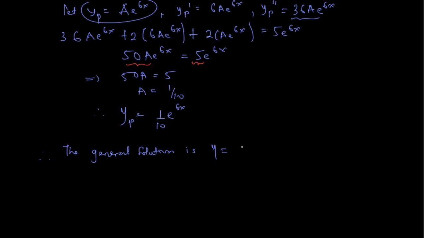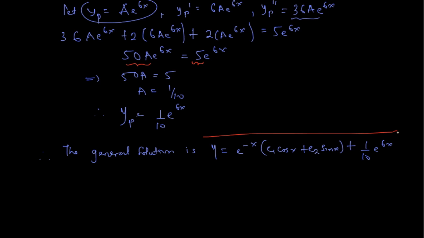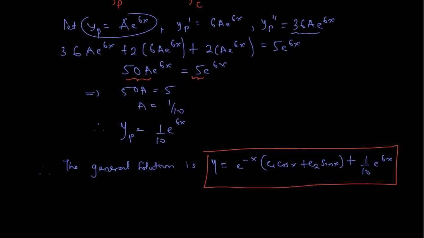The yc I got was e to the power minus x into c1 cosine of x plus c2 sine of x, then plus our yp, which is 1 over 10 e to the power 6x. And this is the final solution of the differential equation that we're given.